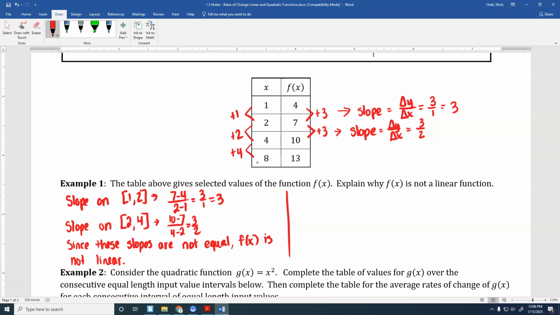So you could say something like this: the output values increase at a constant rate.